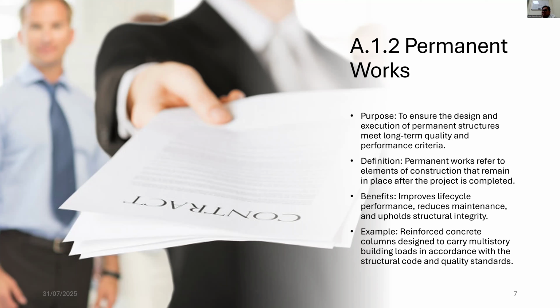Definition: permanent works refer to elements of construction that remain in place after the project is completed. Normally, a facility that you constructed, the end user will use it for a long time, maybe 40 years at least, 50 years at least, or even more. So the benefits: improved life cycle performance, reduced maintenance, and upholding structural integrity.